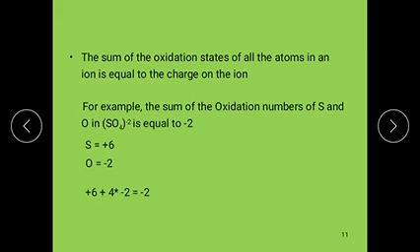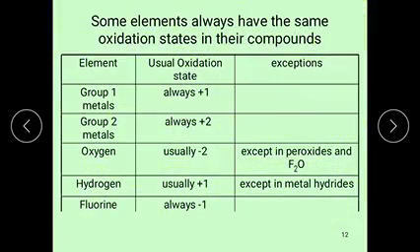Next one is the first A group elements. The oxidation state of these metals is always taken as +1. For second A group elements it is always taken as +2. For oxygen we have to take it as generally or usually -2, except in peroxide where it is taken as -1.